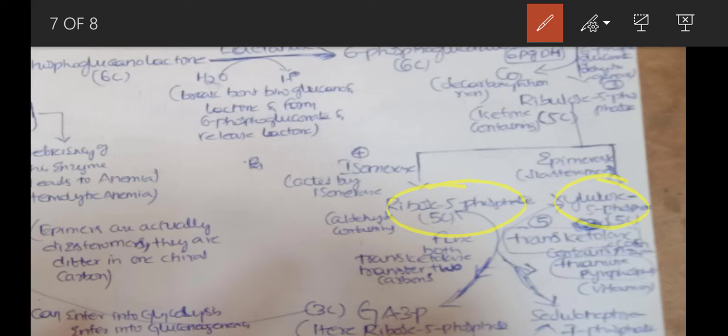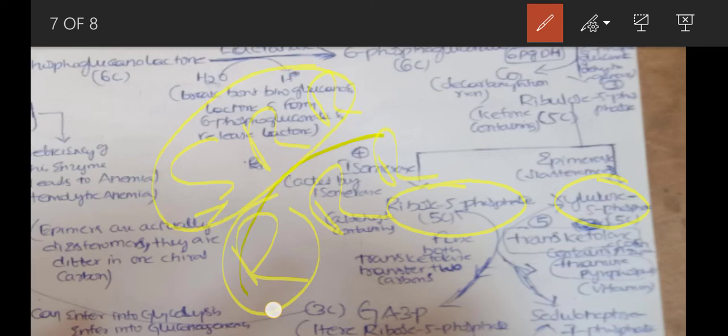For example, if you find a compound like SRR, and you compare it with another compound, RRR: in one structure all three carbons contain R configuration, and in the other the first carbon contains S configuration and the second and third carbons contain R configuration.